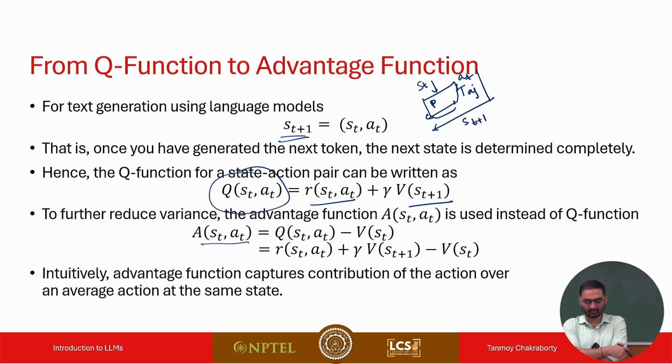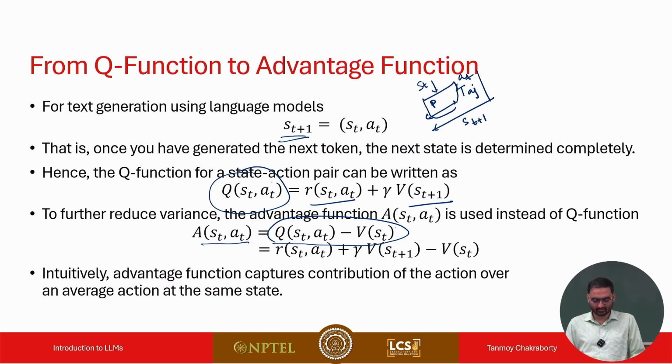The advantage function is basically the Q function minus the value function, for better stability. The advantage function captures the contribution of the action over an average action at the same state. It is essentially the contribution of the action over all possible actions that you can think of at that particular state.